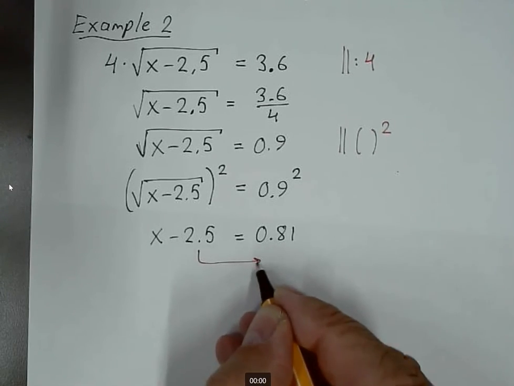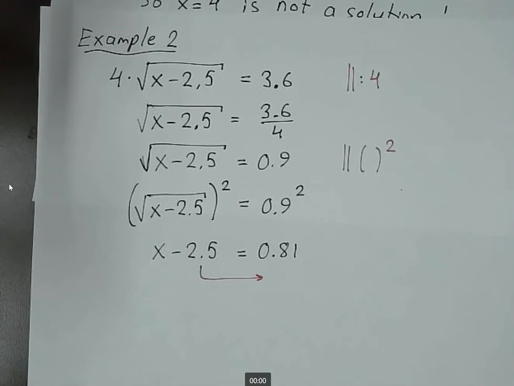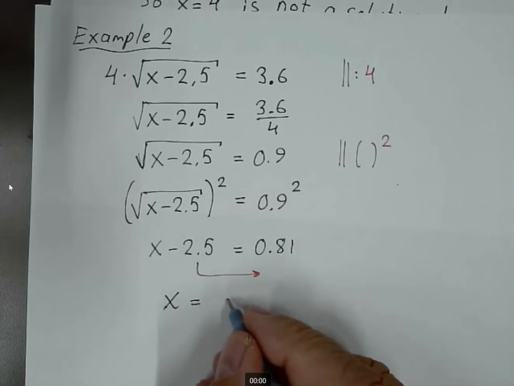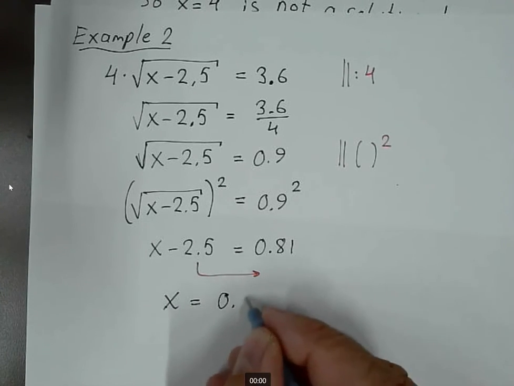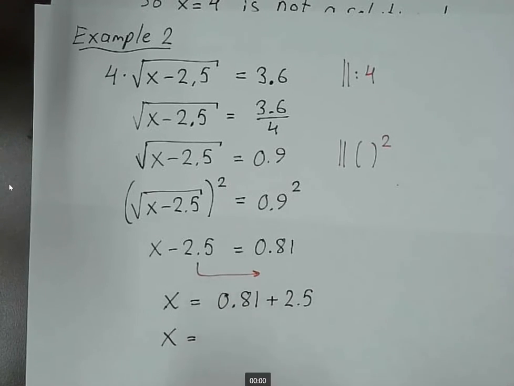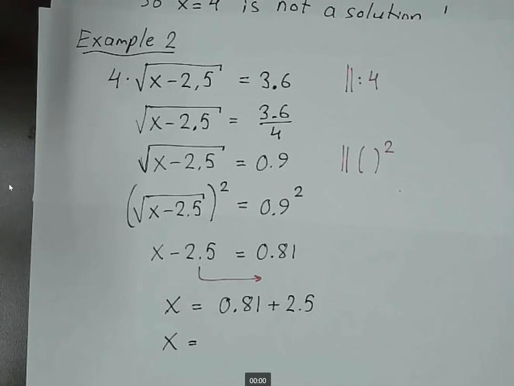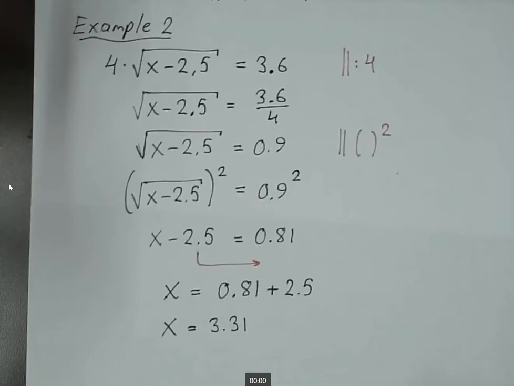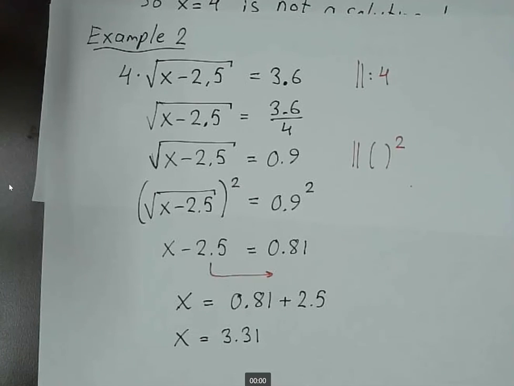Now we only have to move this 2.5 to the right hand side, and that leaves us 0.81 plus 2.5. I will check that. 3.31. And again, every time we are using this raising method there we have to check the solution.